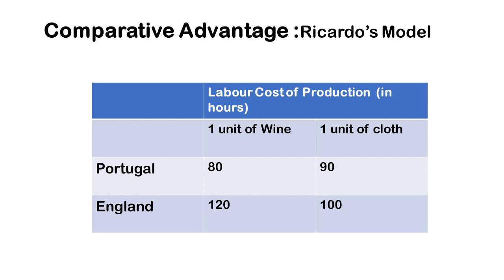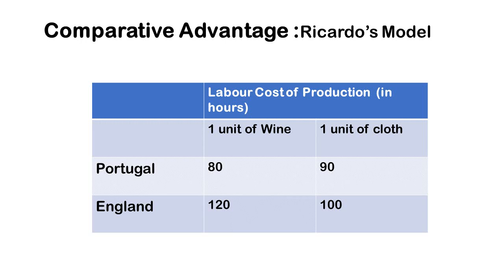So, from the example, we can see that Portugal has an absolute advantage in the production of both commodities, wine and cloth, because it requires fewer units of labor for producing both.